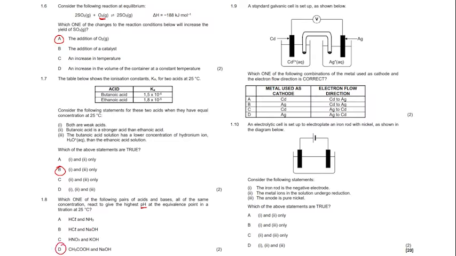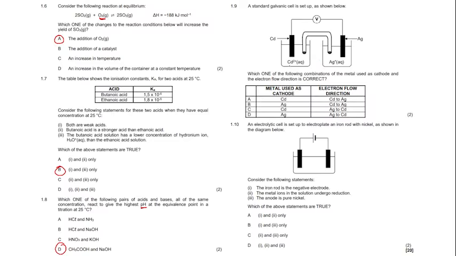Question 1.9. A standard galvanic cell is set up as shown below. Which one of the following combinations of the metal used as the cathode and the electron flow direction is correct? So, if we look at our redox reaction table, we would be able to determine whether Cd or Ag, or the ions respectively, has a higher oxidizing potential and which one has a higher reduction potential.